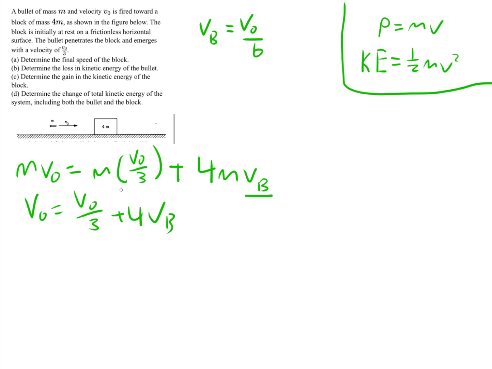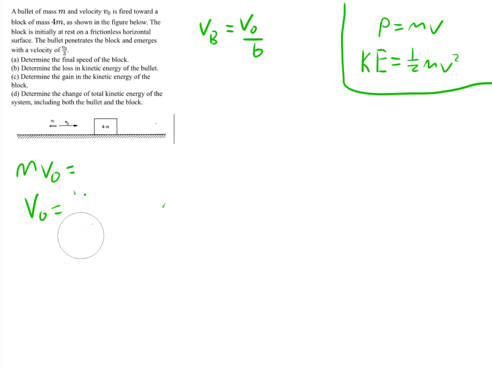Okay. Now next we need to determine the loss of kinetic energy of the bullet. The loss of kinetic energy is simply the change in kinetic energy of the bullet.